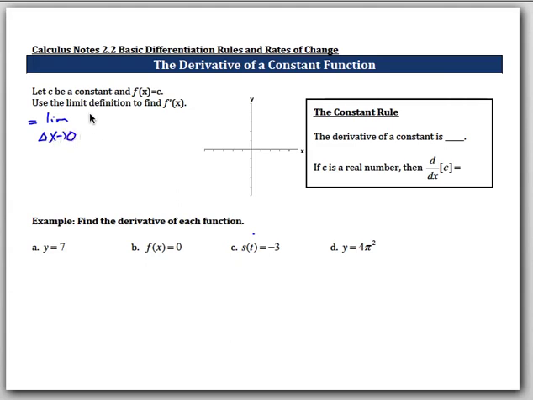And let's rewrite our difference quotient. So this is good review for us. Okay, again, that needs to be memorized. And if f of x equals c, all we have to do is plug c into our equation for x.